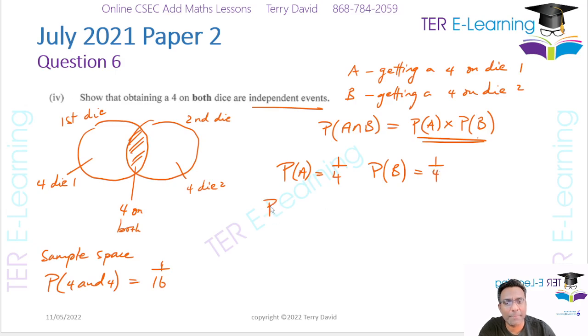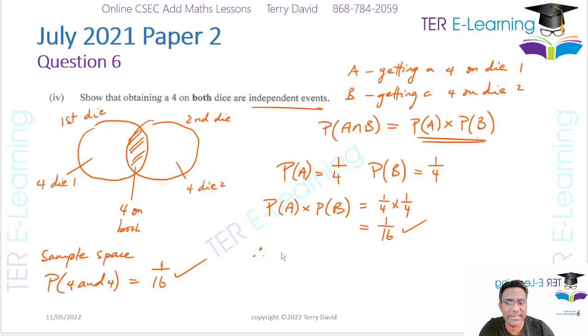So P(A) multiplied by P(B) is a quarter multiplied by a quarter, which is 1 over 16. So from your sample space you got 1 over 16, and from this you got 1 over 16. So therefore events A and B are independent events.